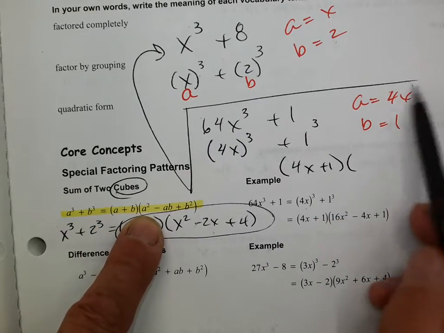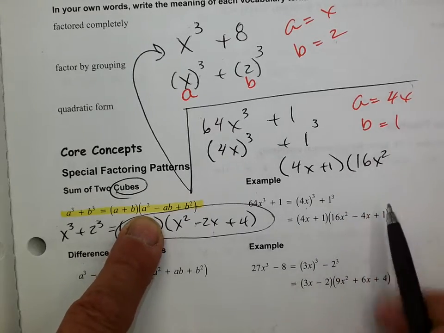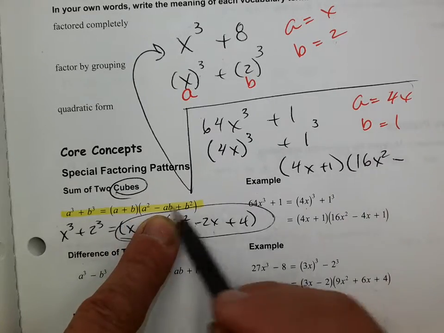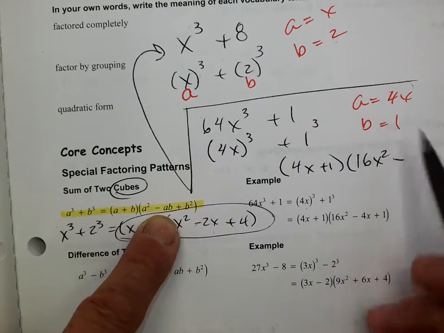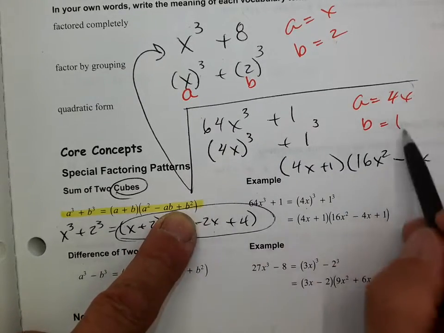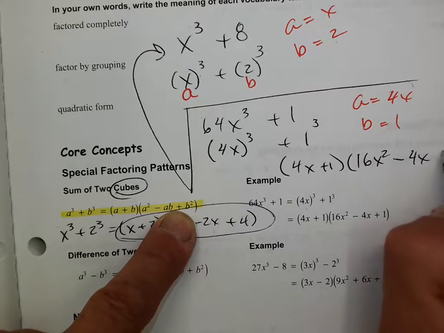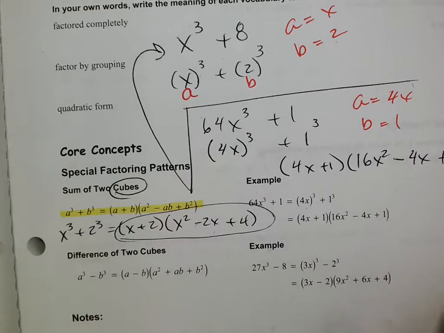I'm going to square that, which is going to be 16x squared, minus a times b, so that times that makes minus 4x, plus b squared. Well, that's b, 1 squared is plus 1, okay? These are a little bit harder, aren't they?